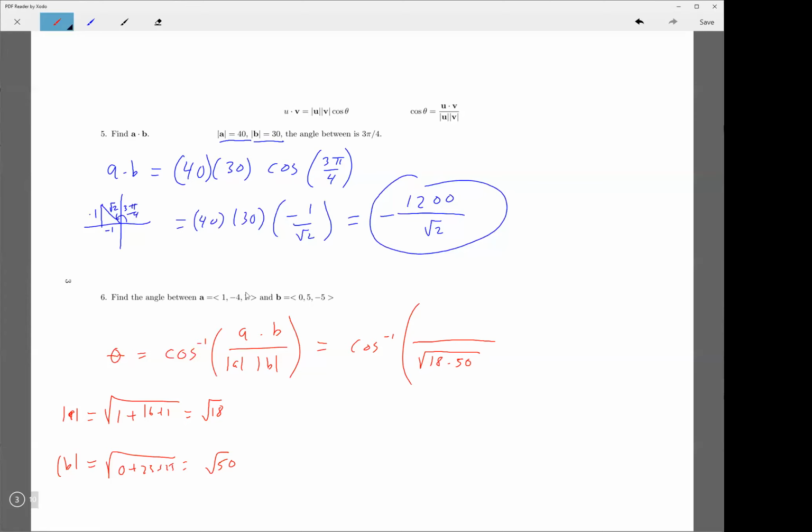And then A dot B, the dot product of A and B, that's going to be, no, it's going to be 0. So 1 times 0 plus negative 4 times 5 plus 1 times negative 5.